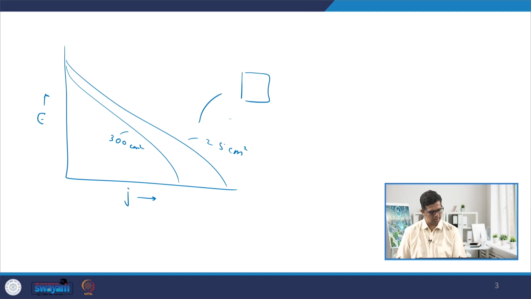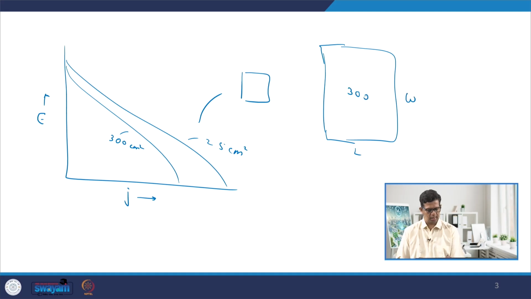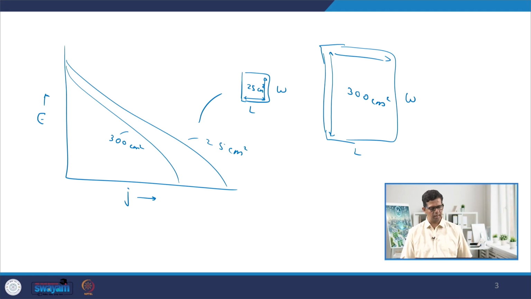Let me show this schematically. This is 25 centimeter square and this is 300 centimeter square, length into width. So we have seen that the cell with a smaller electrode area performs better than the cell having a higher electrode area, and if we normalize with respect to current density, this is what we get.